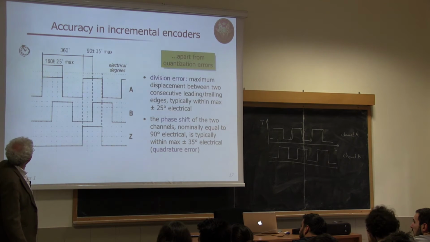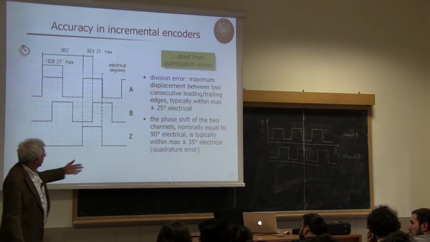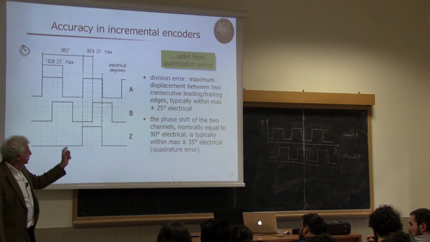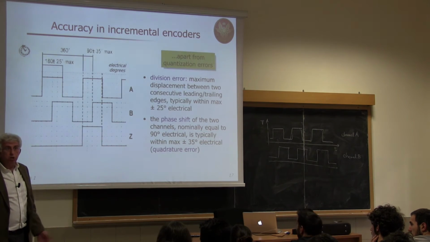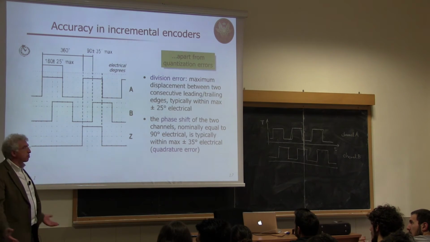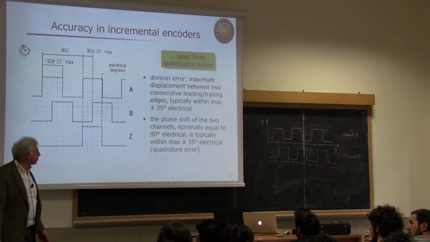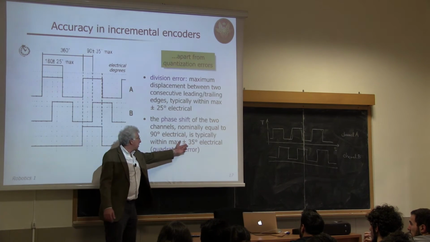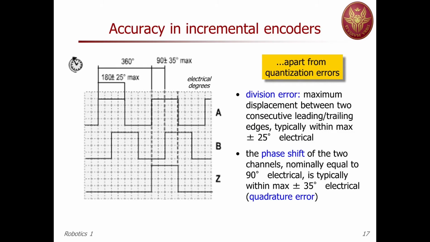And then also another error is the phase shift between the two channels, which should be 90-degree electrical. Again, you have plus or minus some error. If this is too large, of course, the quadrature error makes this device not useful.